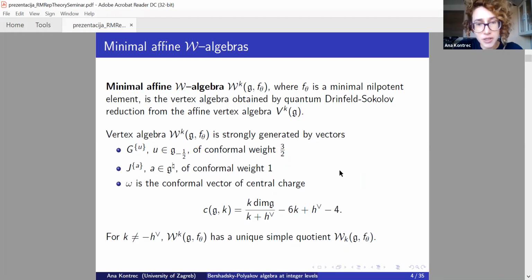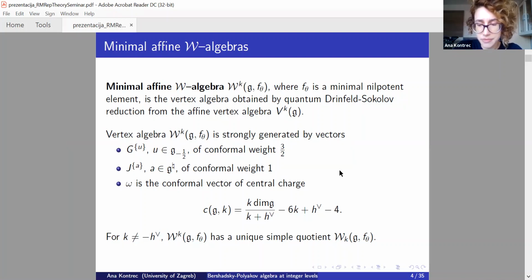And this algebra that we're working on, the Bershadsky-Polyakov algebra, is a type of minimal affine W algebra. So how is it constructed? It's obtained from the affine vertex algebra via a homological construction known as the quantum Drinfeld-Sokolov reduction, and it corresponds to a minimal nilpotent element.